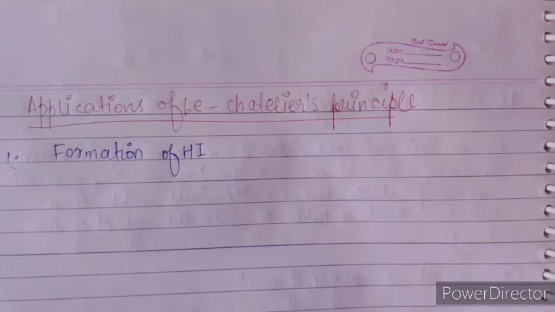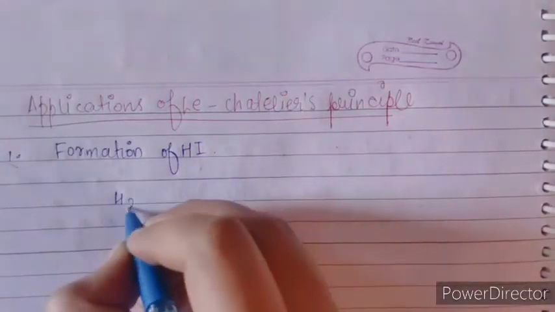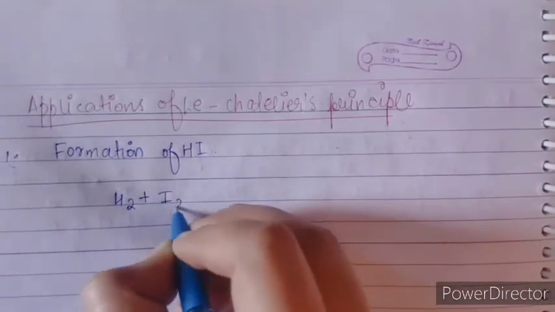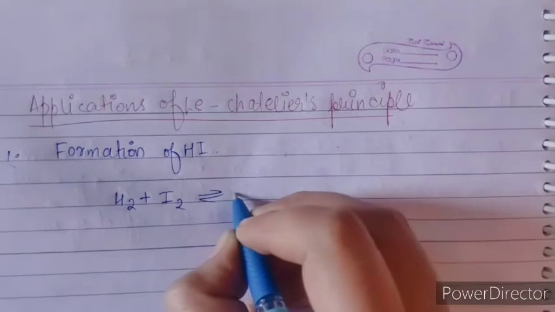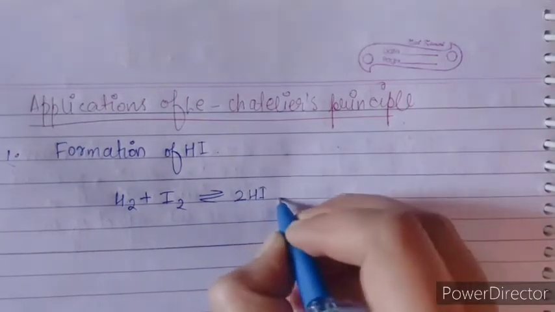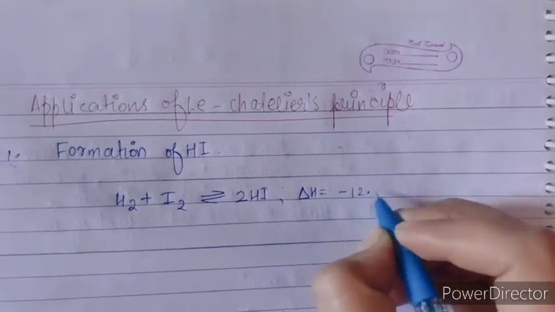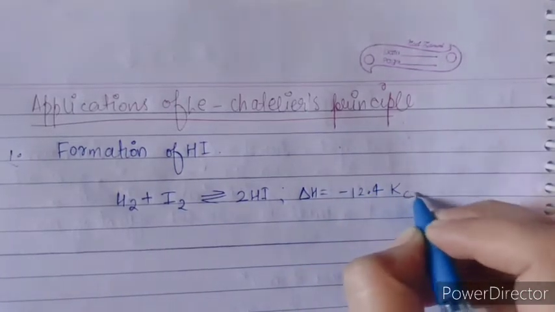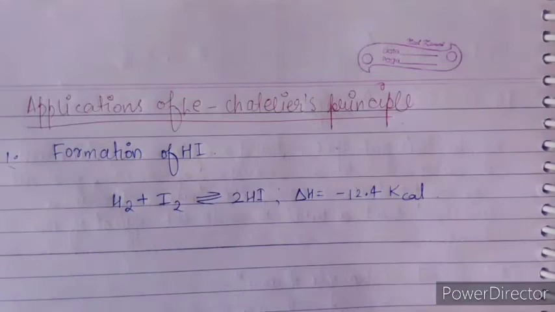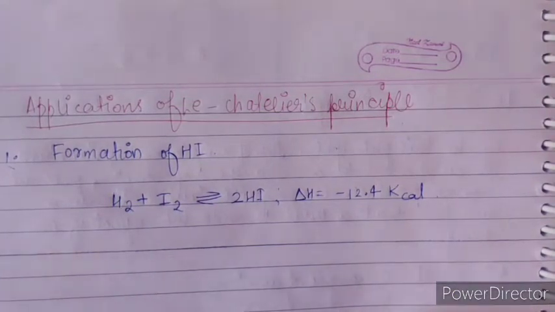The first application of the Le Chatelier principle is the formation of HI, where hydrogen and iodine react together to give HI, and the delta H value is minus 12.4 kilocalorie. The favorable conditions for the forward reaction are high concentration of H2 or I2.